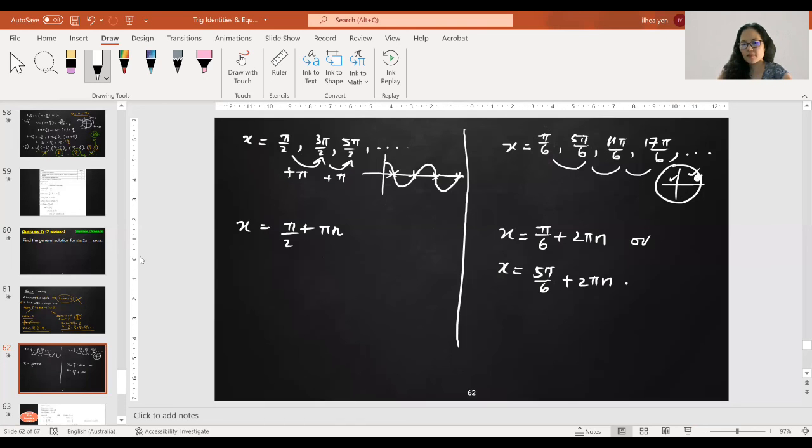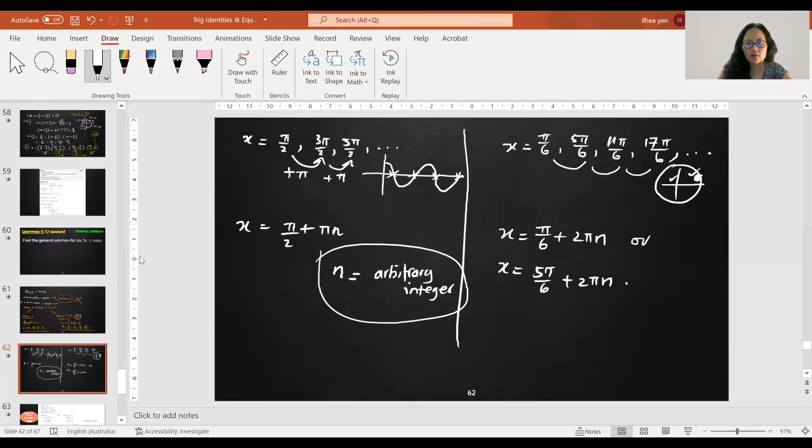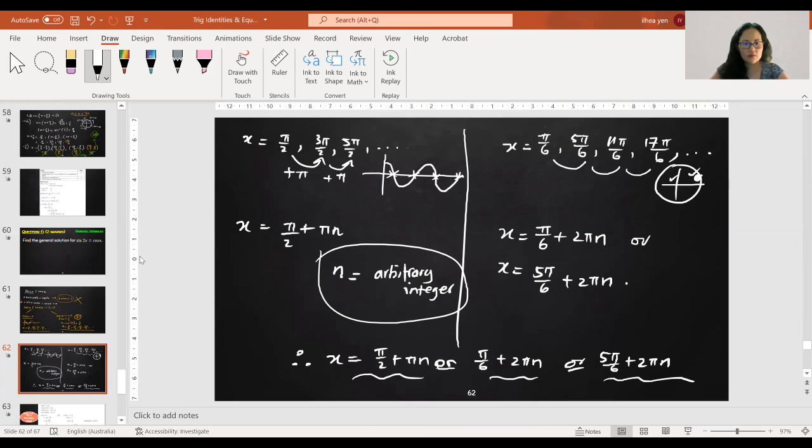Okay, and you have to mention n is any integer. So therefore, x could be pi on 2 plus pi n, or pi on 6 plus 2 pi n, or 5 pi on 6 plus 2 pi n. So you've got these 3 general solutions for it.